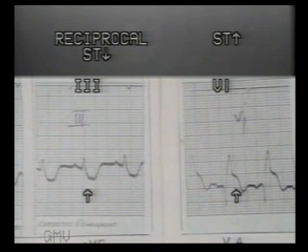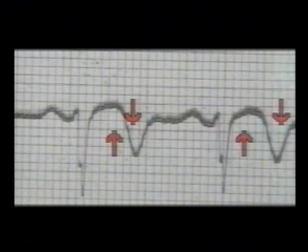So the second important point to note is the leads showing ST elevation, which will localize the infarct. And third point is the nature of T wave, which will tell the age of the infarct. Remember once again that ST elevation with T wave inversion is seen only in established myocardial infarct.